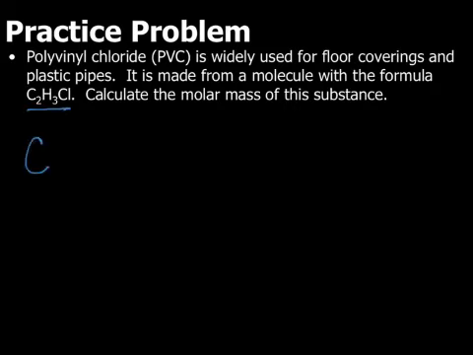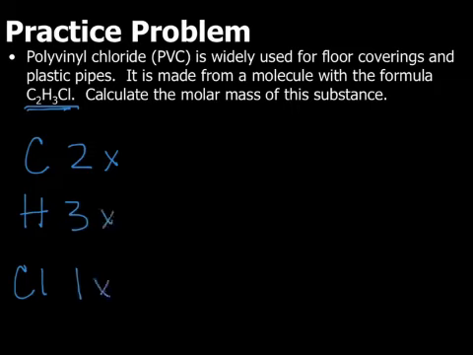I'm going to make a list of all my elements. So I have C, H, and Cl. Count up how many of each I have: 2 C's, 3 H's, 1 Cl. And I'm going to multiply by their mass from the periodic table. Carbon is 12.01, hydrogen 1.01, chlorine 35.45.